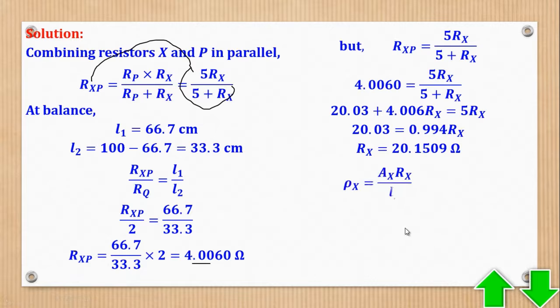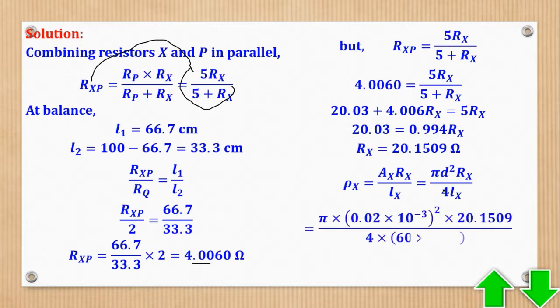So I shall come and say that resistivity is equal to area, cross-section area, times resistance over length. So cross-section area is pi d squared over 4, where this d is the diameter. Therefore I come and substitute, pi is there, diameter was in millimeters, that's why I multiply by 10 to the power negative 3 to convert it to meters.